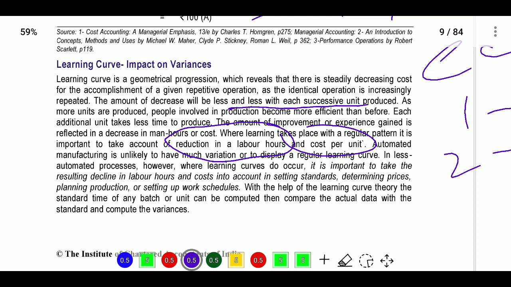Here it will be seen in setting cost and labor standards, planning production and determining prices, and setting up work schedules. It is the most important here.